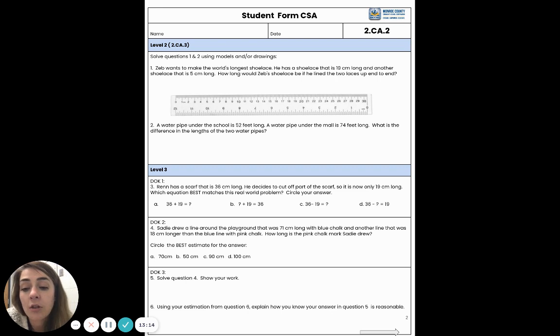So why do you think your estimation and your answer, it's probably not reasonable if your answer is nowhere near your estimation, right? But why might your answer here be a good answer considering what your estimation was in question 4?